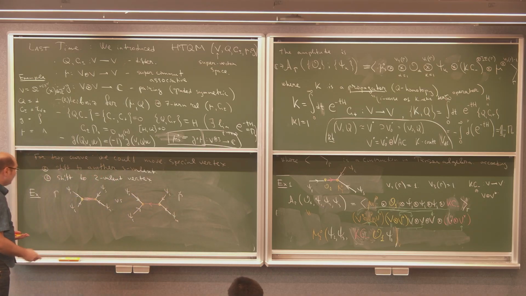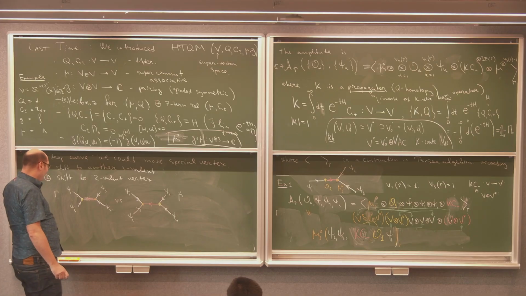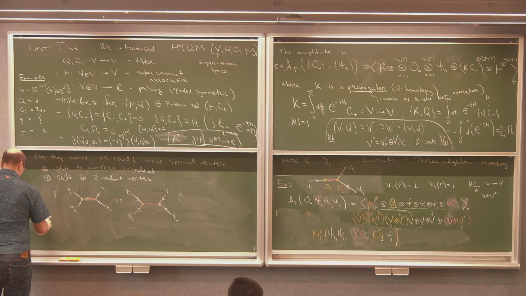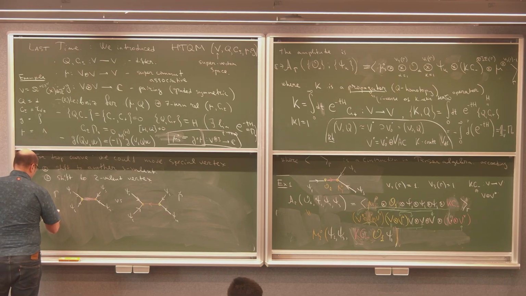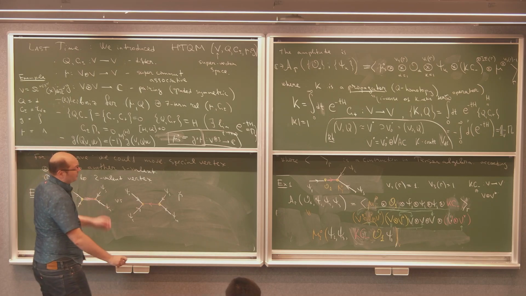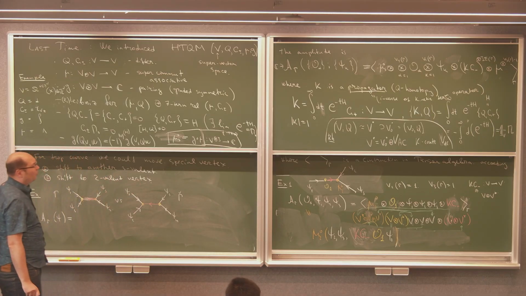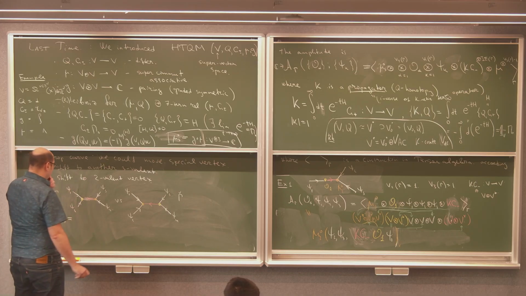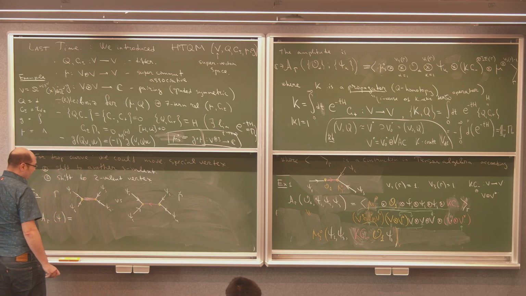I put the same states, and I don't have any operators. So let us compute this amplitude on this graph gamma. Let us not go over fine details of this tensor algebra. We can just compute it as a series of contractions.